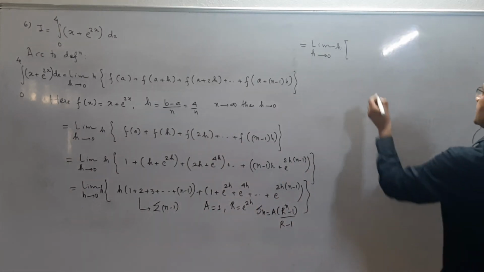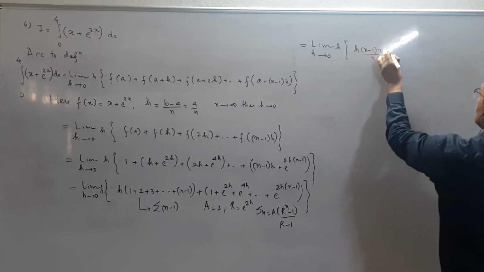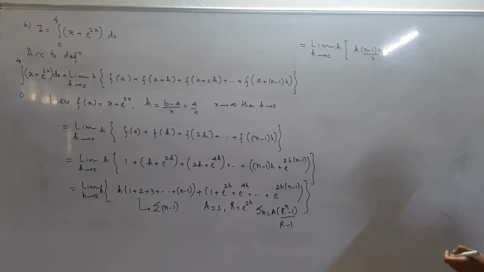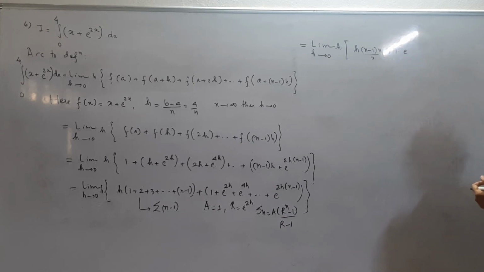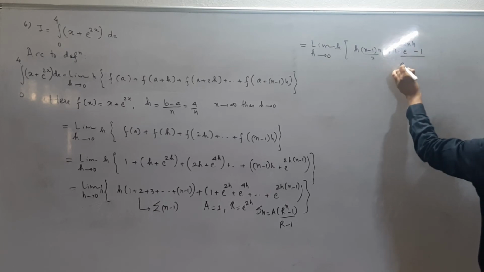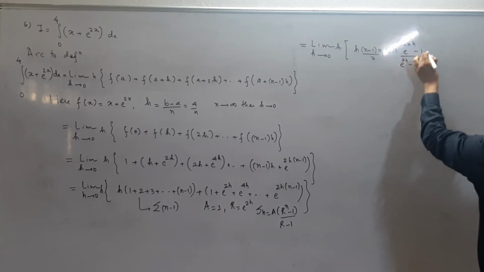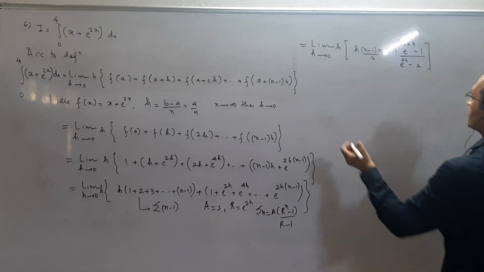H into bracket n minus 1 into n by 2 plus, now this is a GP, a is 1, r is e raised to twice h, so e raised to twice nh minus 1 upon e raised to twice h minus 1. Now students, what I am trying to do, let us keep both the limit in terms of h only.